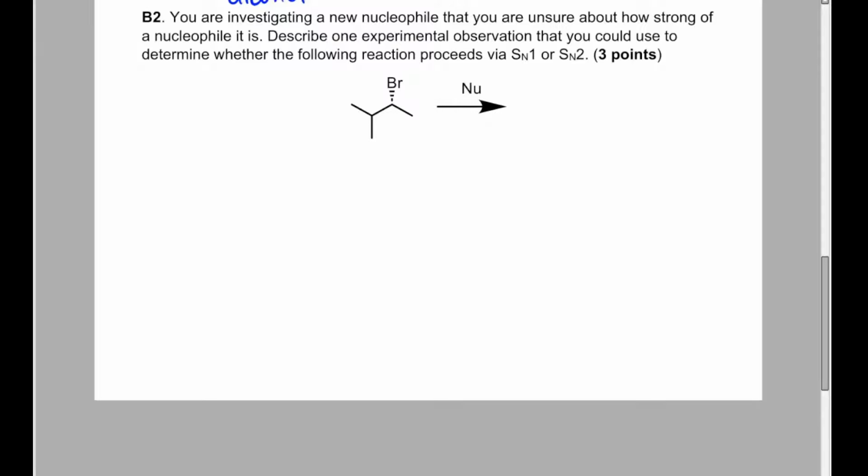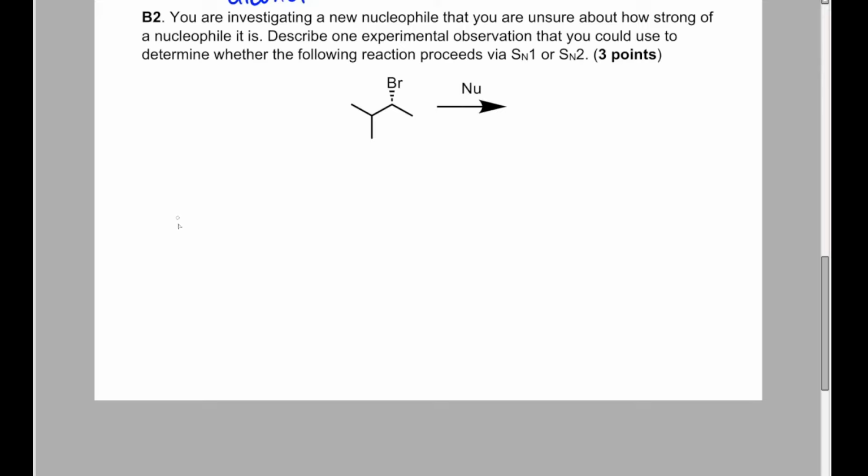And we're not given the nucleophile, so we're just determining whether it's going to be SN1 or SN2 based on testing the product. So if we allow this reaction to occur without knowing what the nucleophile is, what kind of properties will the product have that's going to determine whether it's SN1 or SN2?